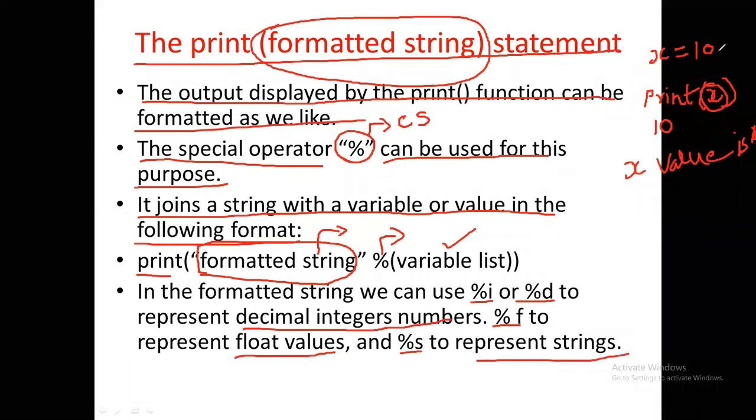For example, x equals 10: to print the value of x, I use percentage i or percentage d. If it is a float value, x equals 10.12, I use percentage f. Similarly for strings, we use percentage s.